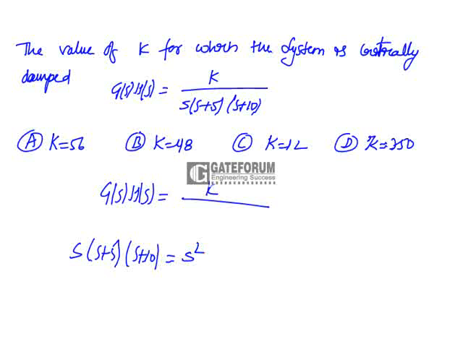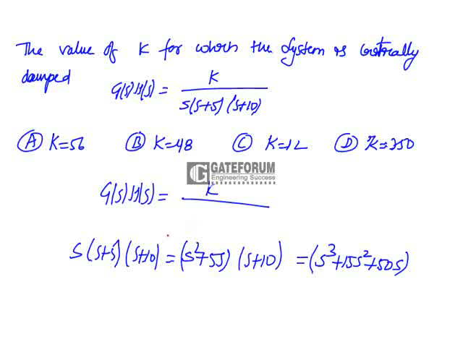So this is equal to k by s square plus 5s into s plus 10, which is equal to k by s cube plus 15s square plus 50s.